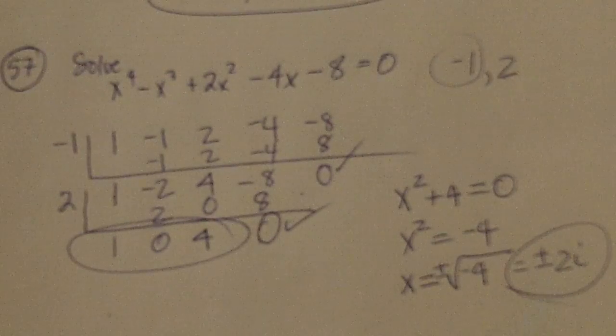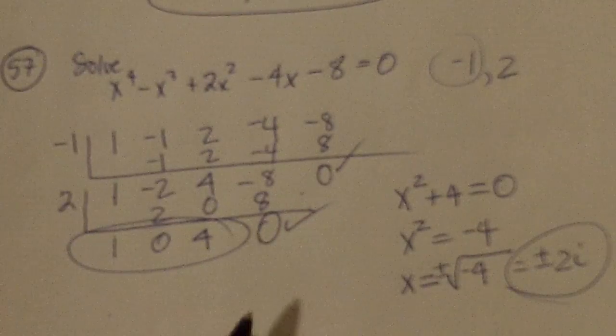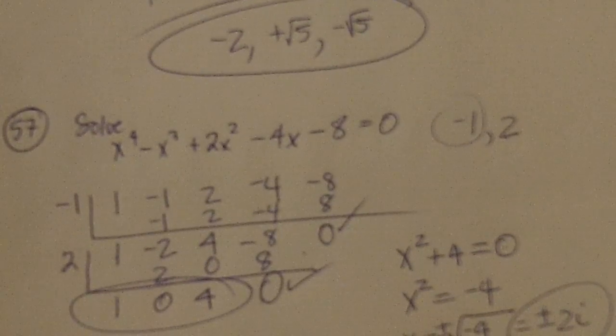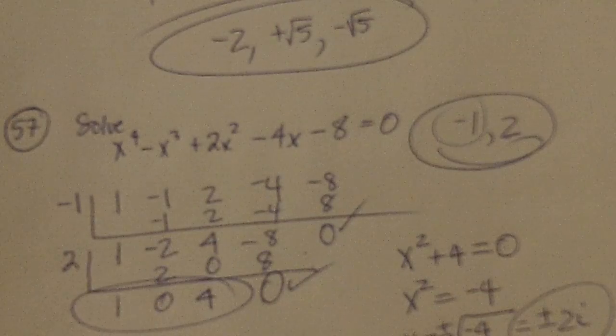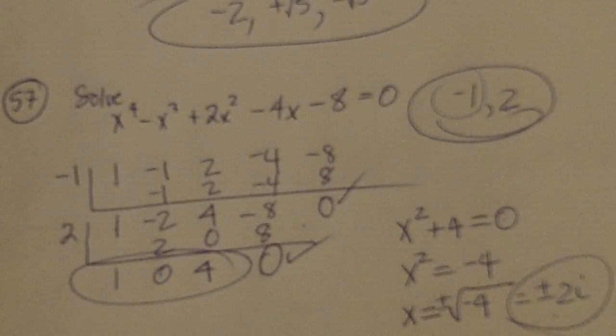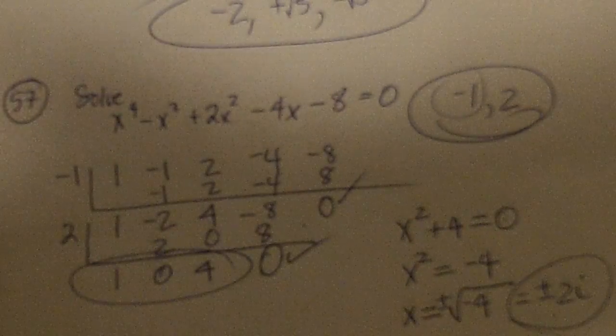So, if you could do that, that's awesome. But in this problem, they just asked, what are the real zeros? And there's only 2 real zeros. There's 2 imaginary ones we were able to find, so that might earn you bonus if you did something like that. And that's 4 or 5.